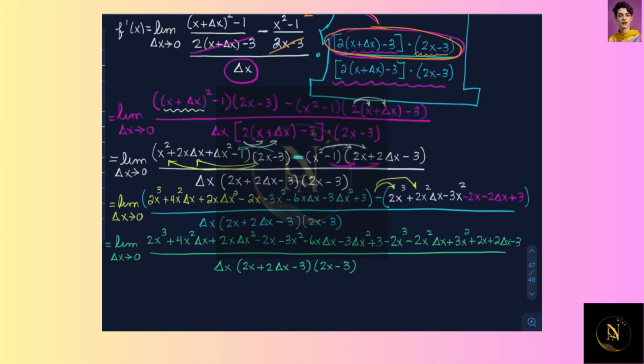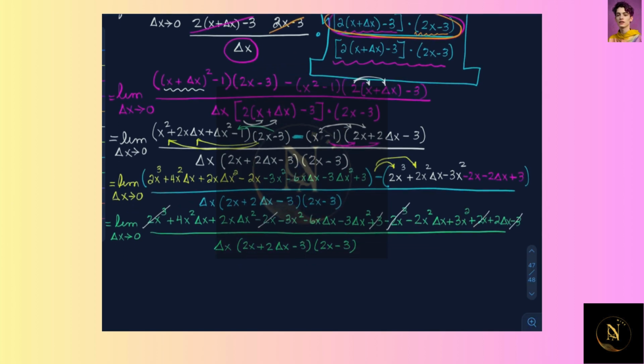In doing so, you're going to find a lot of like terms that are going to cancel each other out. A negative 2x cubed will cancel with a positive 2x cubed. A negative 2x will cancel with a positive 2x. And a positive 3 will cancel with a negative 3. You'll also have some like terms, 4x squared delta x and negative 2x squared delta x can combine.